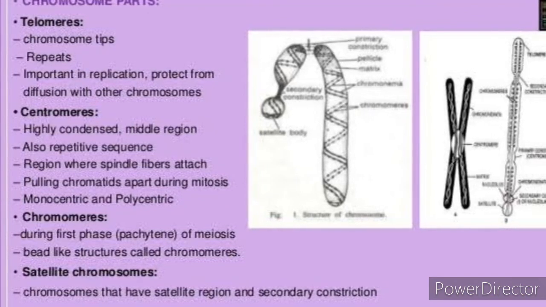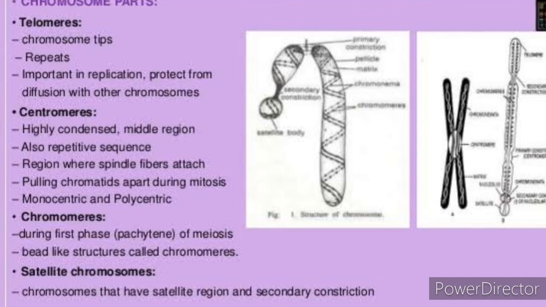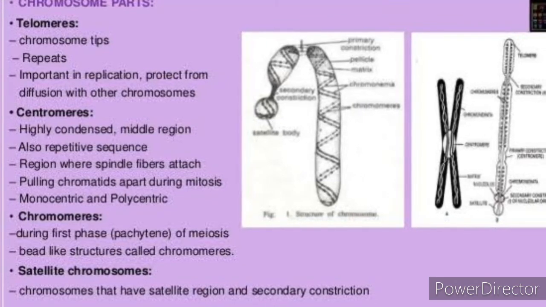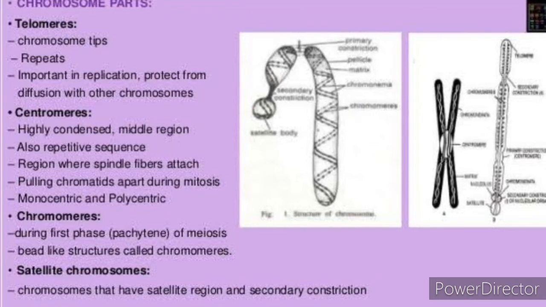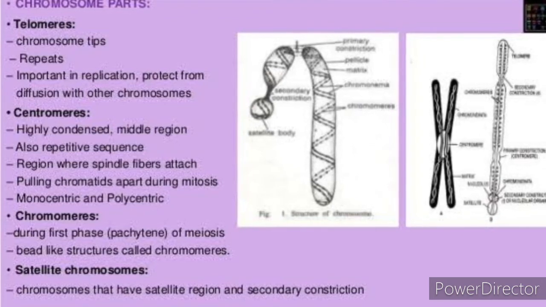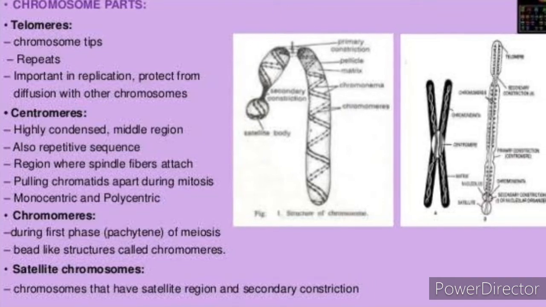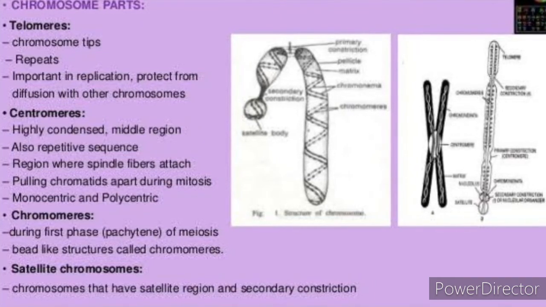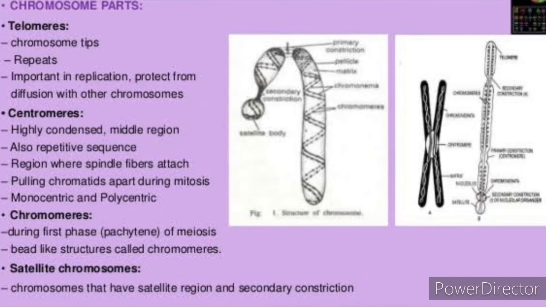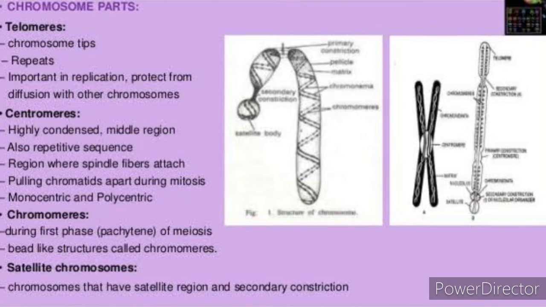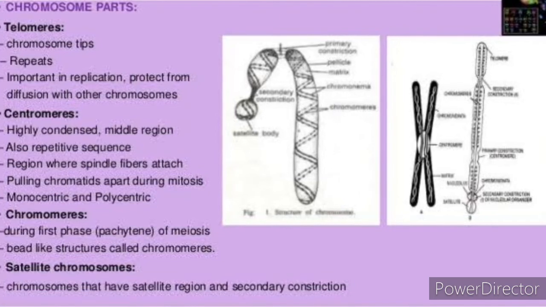Primary constriction: the two arms of a chromosome meet at a point called the primary constriction, that is the centromere. Secondary constriction: other than the centromere, wherever a constriction takes place is called a secondary constriction. One happens in the telomere region, another in the satellite region.